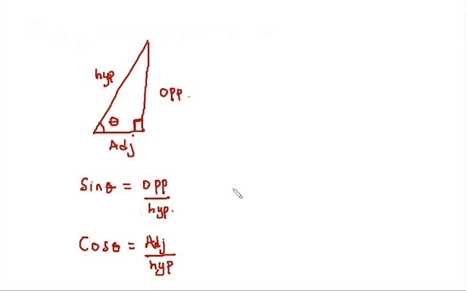And the last of the SOHCAHTOA is tan theta, and this is equal to opposite over adjacent. So if you notice, the trigonometric ratios of sin theta, cos theta and tan theta show the relationship between this angle and different sides of this right angle triangle.